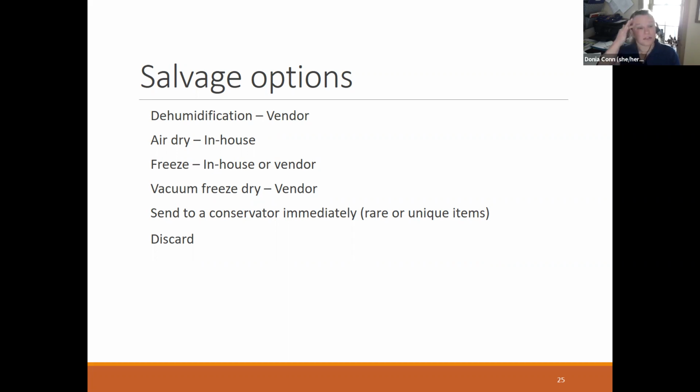Going through some of these salvage options in your training is a great way to make sure you have the thought process down for how you're going to gather everything you need. And if you have the space, you can freeze things. If it's a small disaster, you can freeze things in house for stabilization, and a home chest freezer works great.